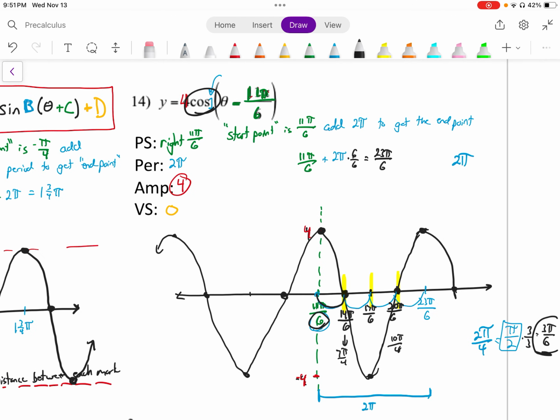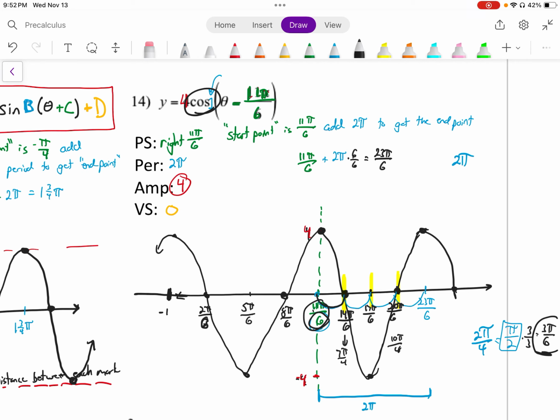But we are able to find those, and we can go backwards 3 pi over 6. So subtract. 11 pi over 6 minus 3. 11 minus 3 is 8 pi over 6. Minus 3 is 5 pi over 6. Minus 3 is 2 pi over 6. Here was our next spot. Minus 3 is negative 1. Oops, sorry about that.